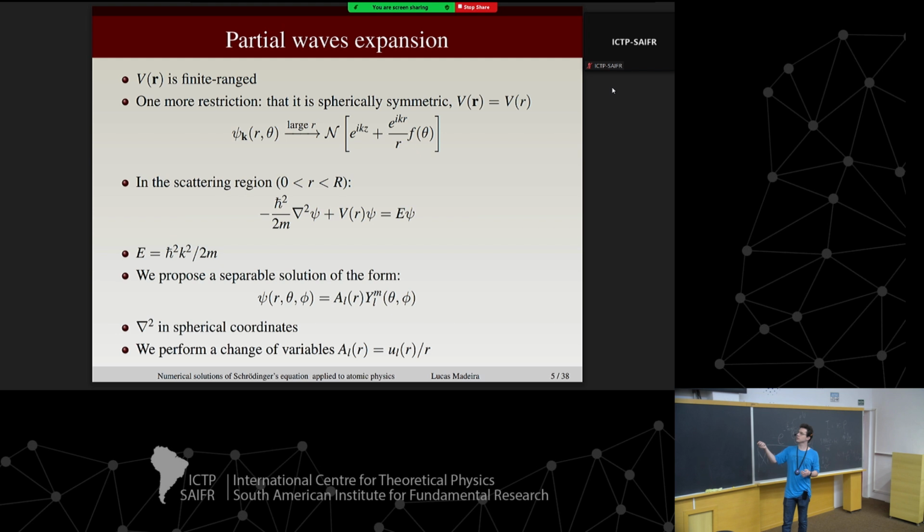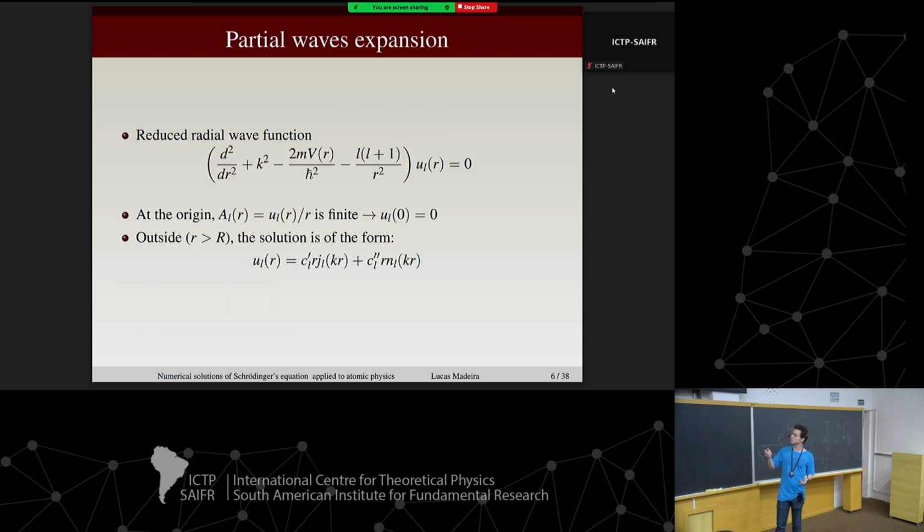And why do we do this change of variables? Because then you eliminate the first derivative term in the equation that you want to solve. You just have a second derivative. So it looks like this. And this term here, the centrifugal barrier, I'm going to talk later about it, but it also comes from the expression of the Laplacian. So far, everything okay? You already know this, right?